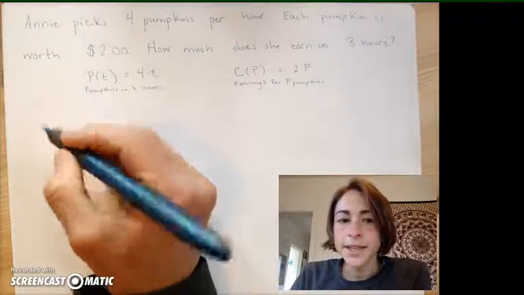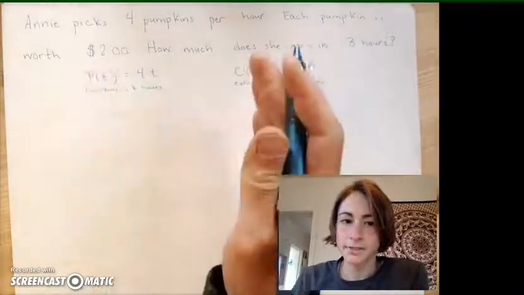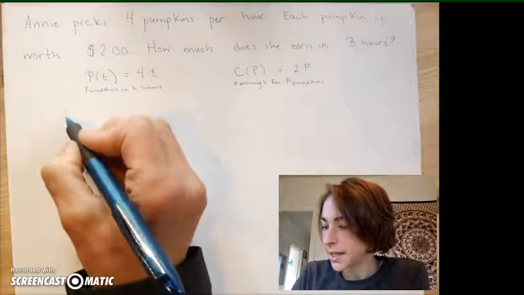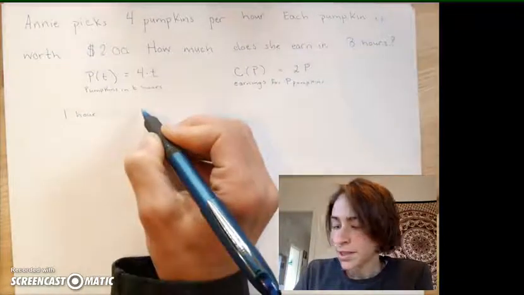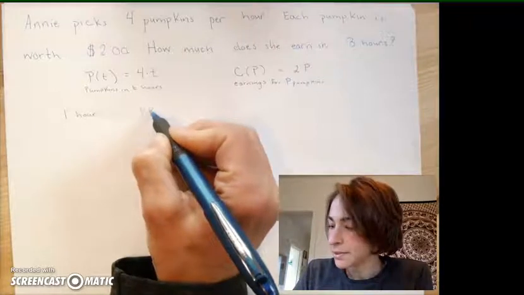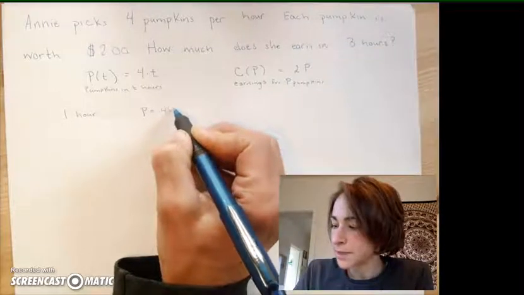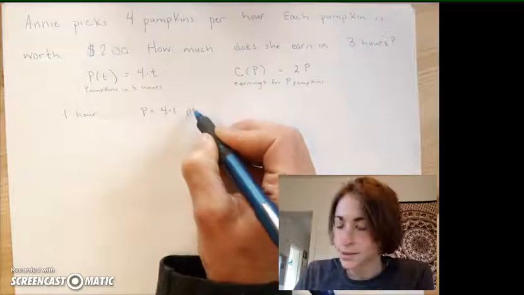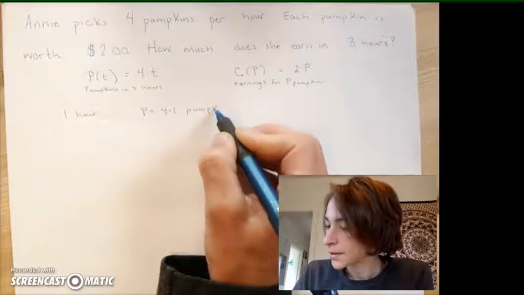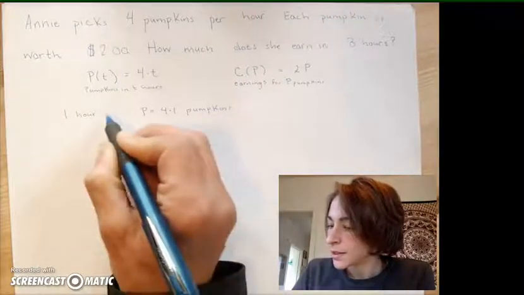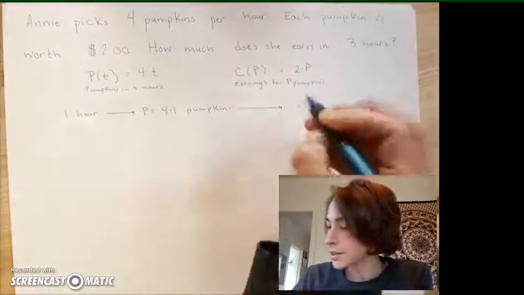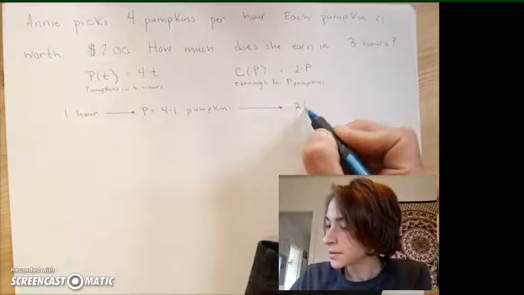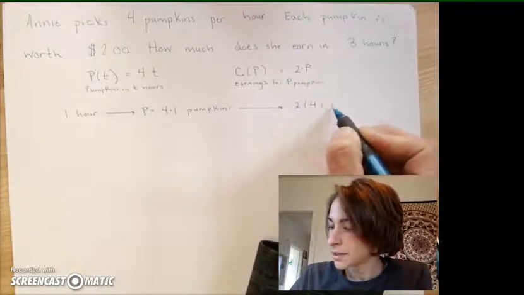So it's really easy to think about this problem sequentially. We could say in 1 hour, she picks, so P equals 4 times 1. She's picked 4 pumpkins. So that means that she has earned 2 times $4.